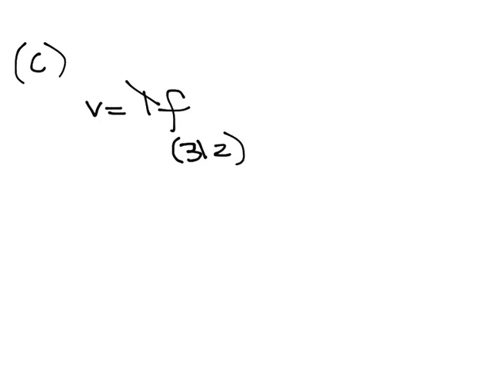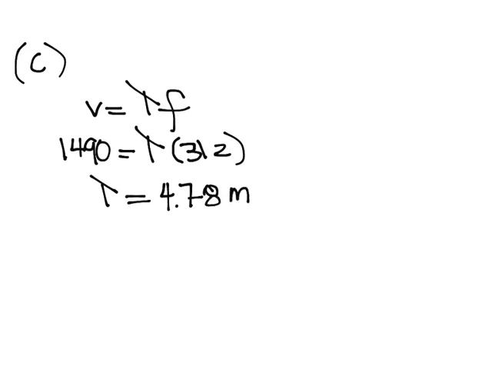Our velocity is the speed of sound in water, so that's going to be 1490. And we're solving for wavelength, so when we solve that, we get lambda is equal to 4.78 meters. So it's actually a much longer wavelength.